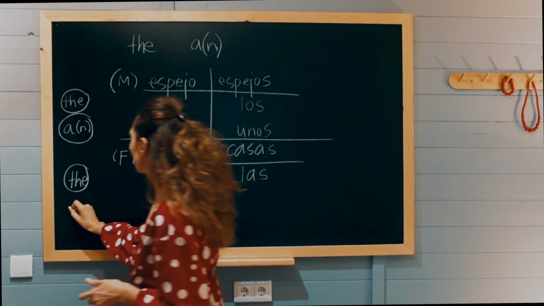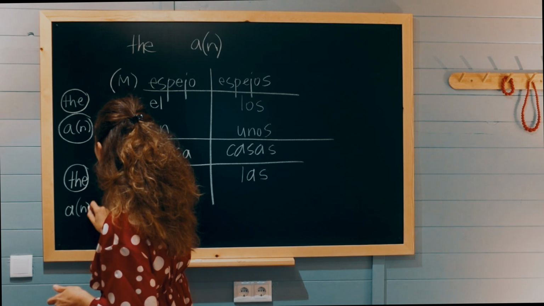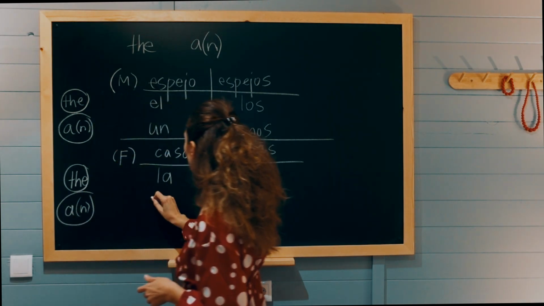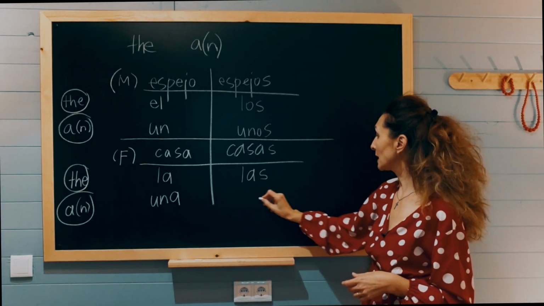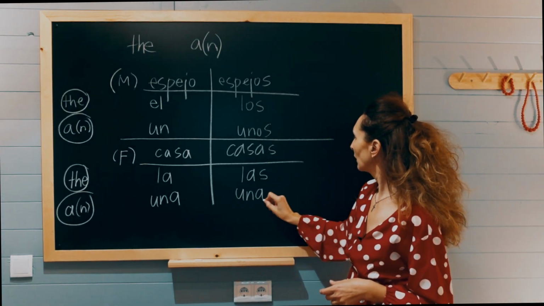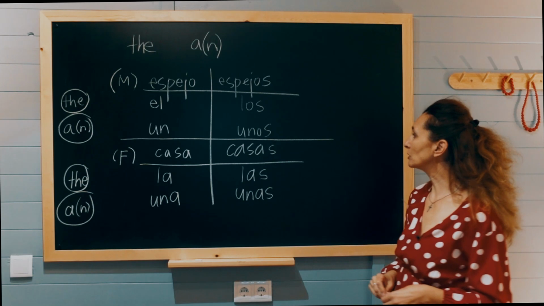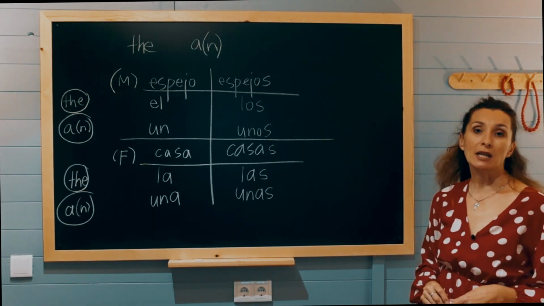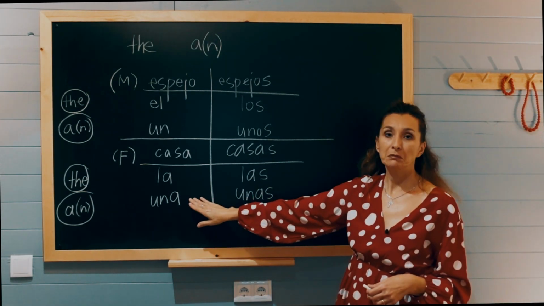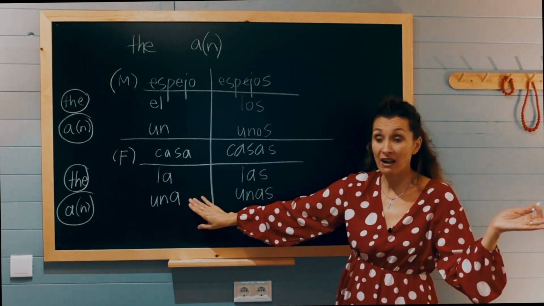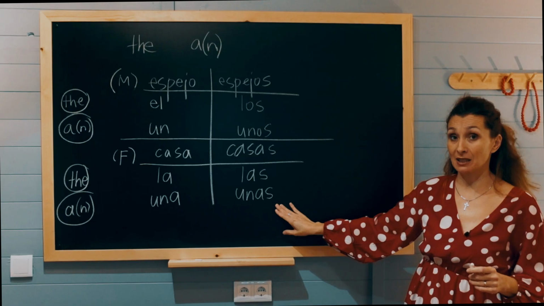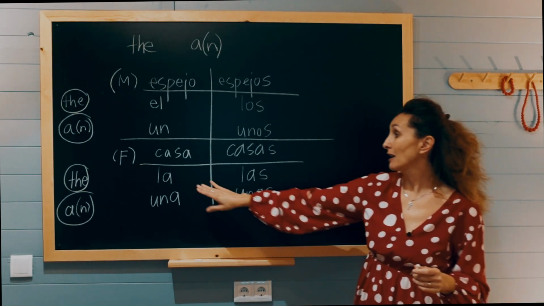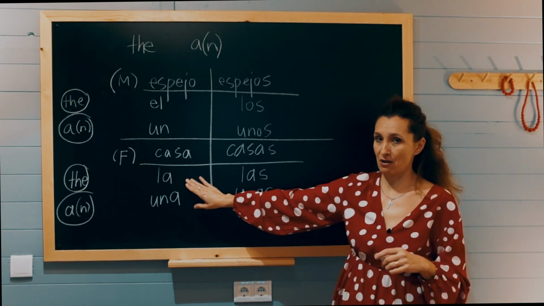The indefinite one is una casa, and plural, unas casas. A house, any house, and some houses. Unas casas. Okay?